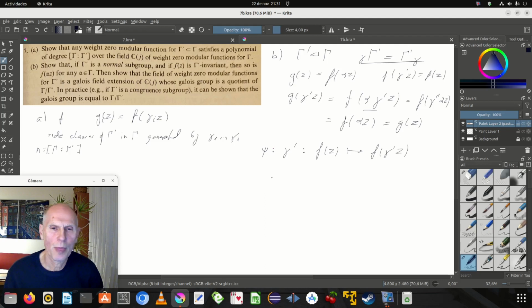Psi. And the kernel of psi is a subset of gamma, and it's larger than gamma mark, because for any gamma mark these two functions are equal.